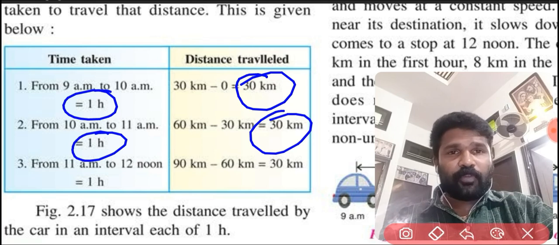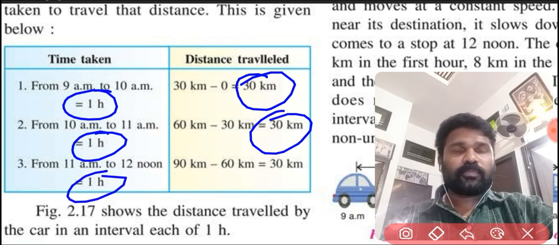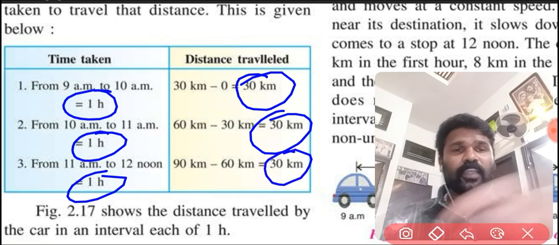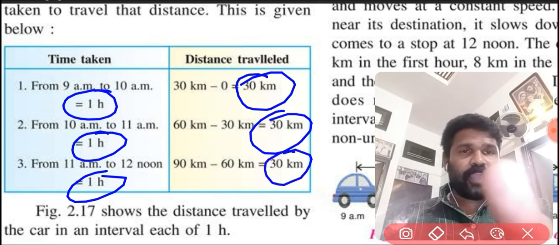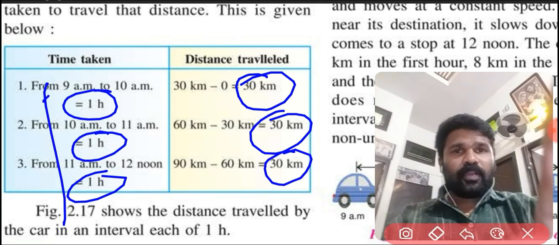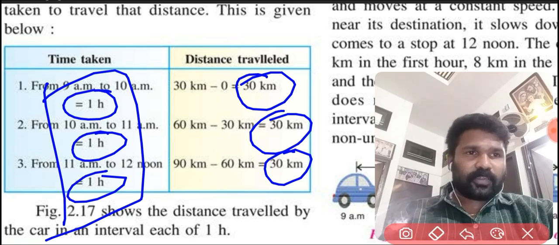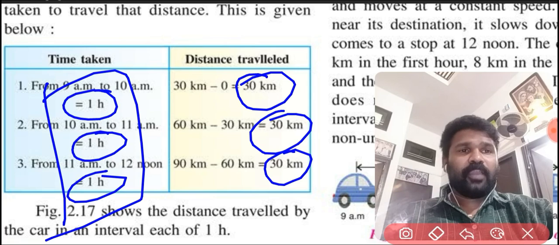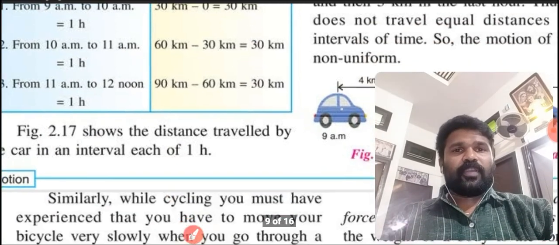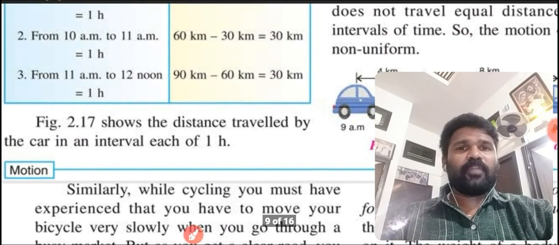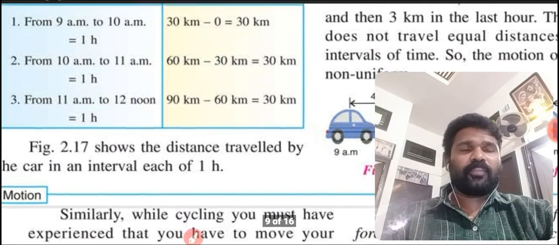Then 11 a.m. to 12 noon, 1 hour is taken and distance covered is 30 kilometers. In each interval of 1 hour, the car covers 30 kilometers. It shows the distance travelled by the car in an interval each of 1 hour.